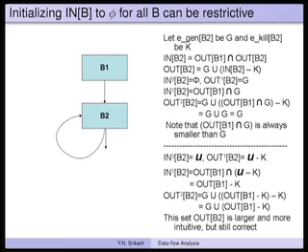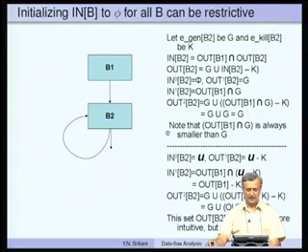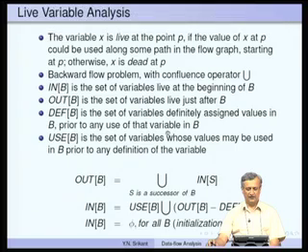So, this is actually a general rule. Whenever we have the confluence operator as union, we will have in b equal to phi as the initialization. Whenever the confluence operator is intersection, we are going to have in b equal to u as the initialization. So, that is about available expression computation.